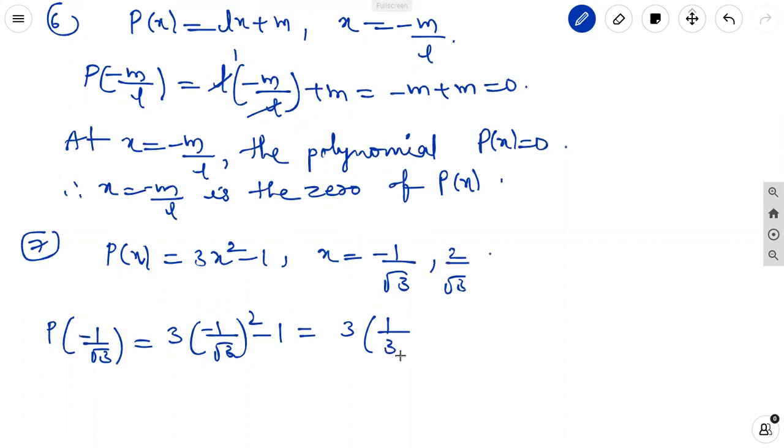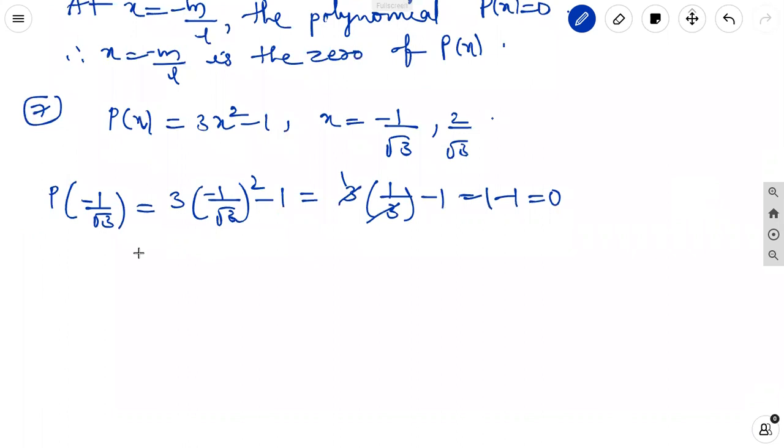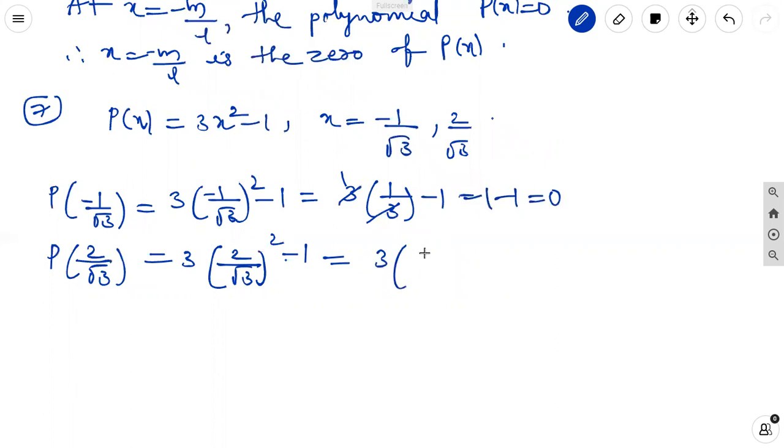Root 3 into root 3, 3. 3 ones are 3, 3s get cancelled. 1 into 1, 1 minus 1 is equal to 0. Next substitute the second value, that is 2 by root 3: 3 into 2 by root 3 whole square minus 1 equal to 3 into 4, root 3 into root 3 is 3 only. So 3s get cancelled, 4 minus 1 equal to 3.